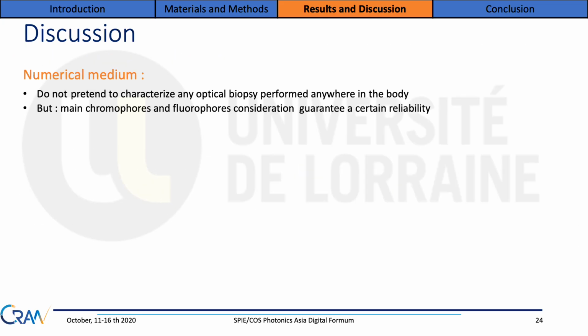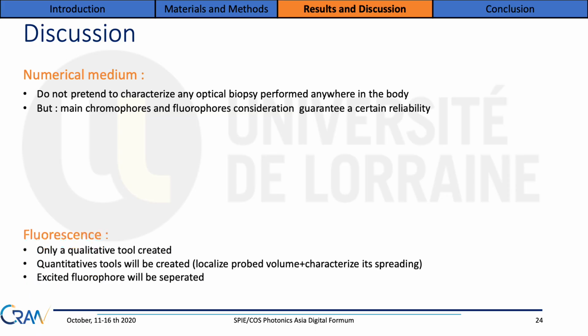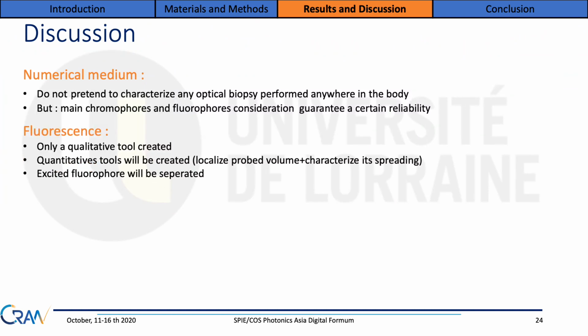Now let us comment more generally on the result obtained. About the medium, we are aware that the proposed simulation does not pretend to characterize any optical biopsy performed anywhere in the body. However, the model followed should guarantee a certain reliability. Concerning the fluorescence, the creation of quantitative tools and the separation of excited fluorophores will be made.